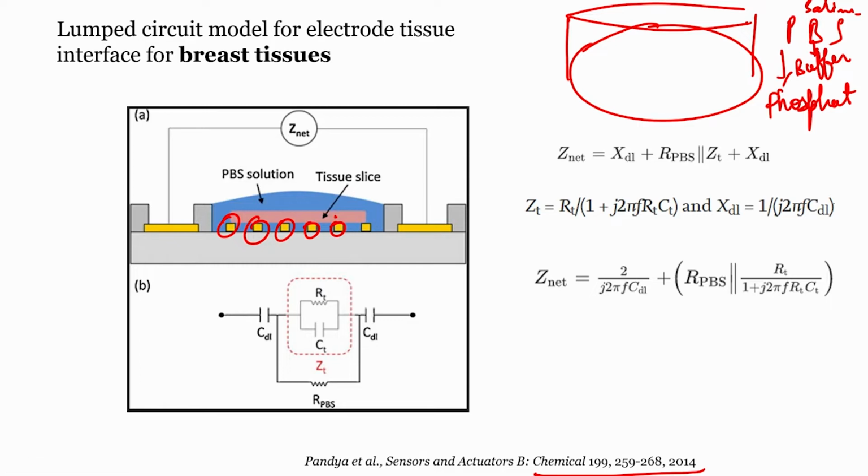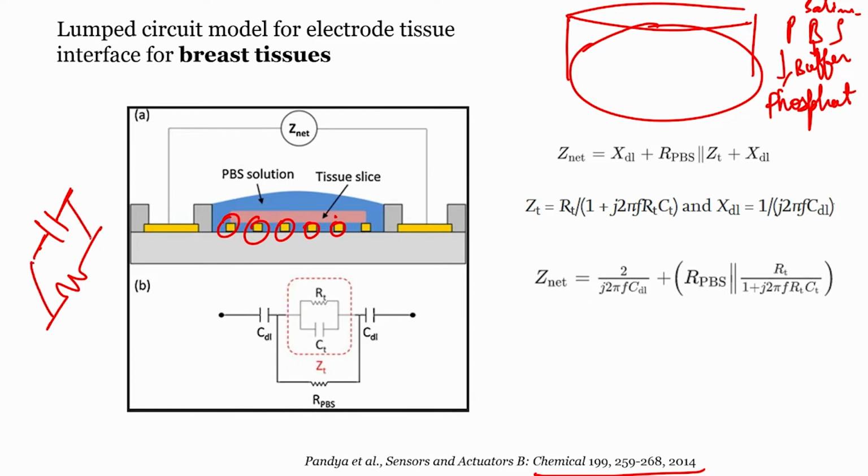Now you have been taught how to model a tissue slice: it will have a conductive component constituted by the extracellular and intracellular matrix, and a lipid layer can be modeled in terms of a capacitor, and the extracellular membrane by a resistor, and the combination of both by a resistor and a capacitor.